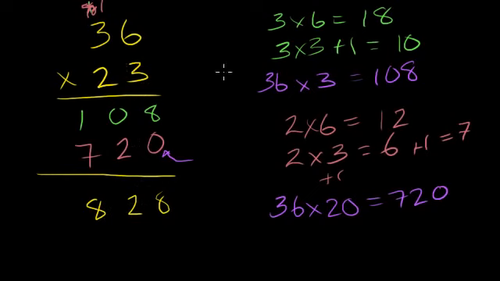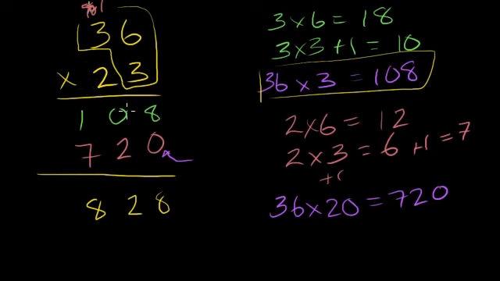Now you're saying, Sal, why did that work? Why were we able to figure out separately 36 times 3 is equal to 108, and then 36 times 20 is equal to 720, and then add them up like that? Because we could have rewritten the problem. The original problem was this.